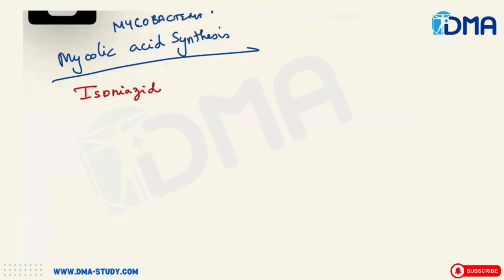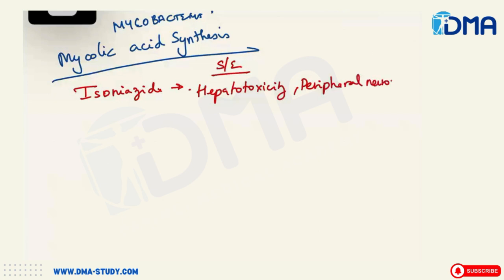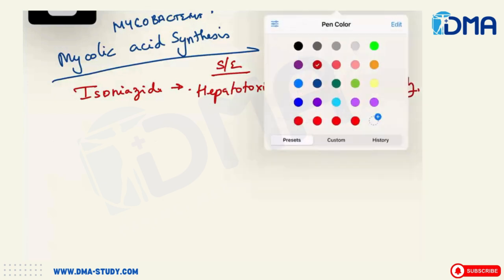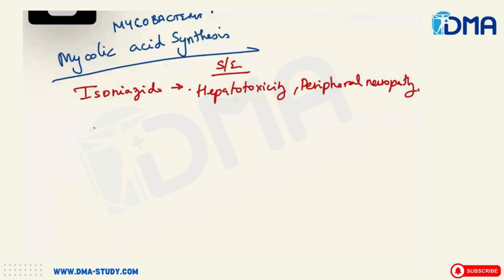Isoniazid. This isoniazid is very important, and the main concerns are the side effects. Side effects of isoniazid are hepatotoxicity and peripheral neuropathy. Then pyrazinamide causes hepatotoxicity and gout.